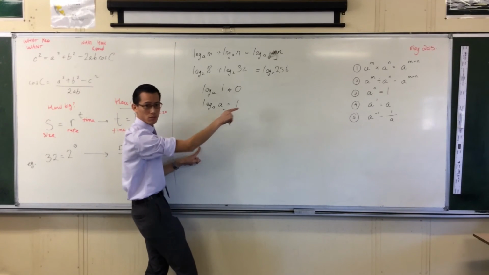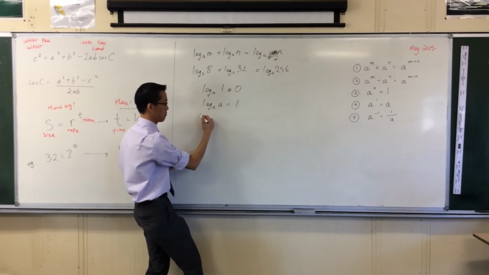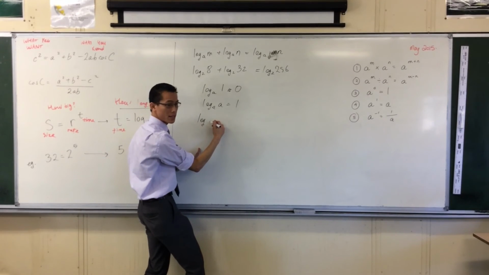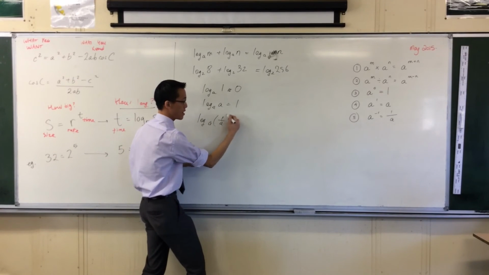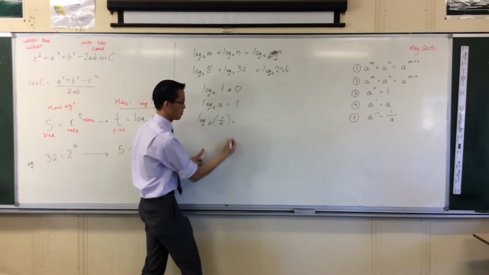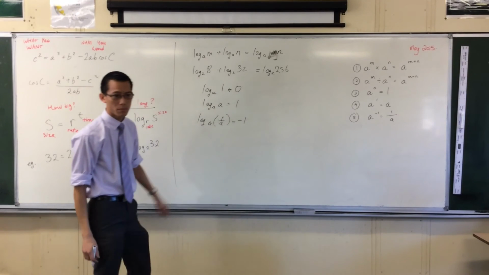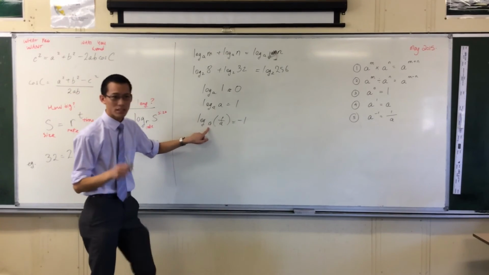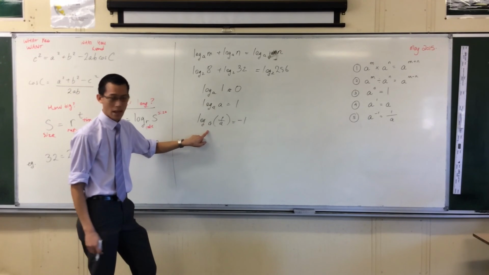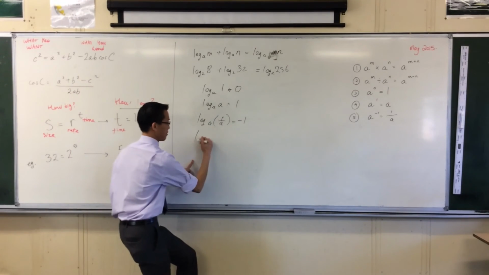Last one. What's the log law? Log base A of 1 over A equals. So how long does it take me? I'm growing at a rate of A. Let's put a number on this.